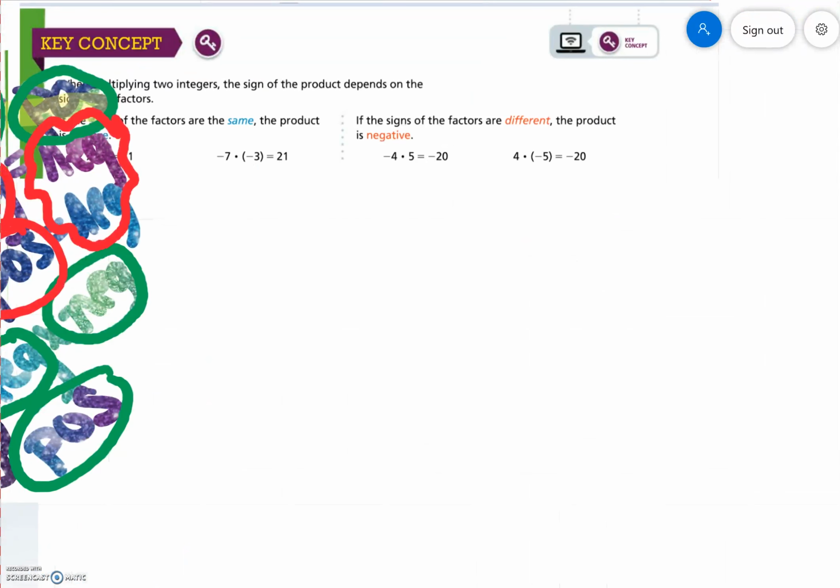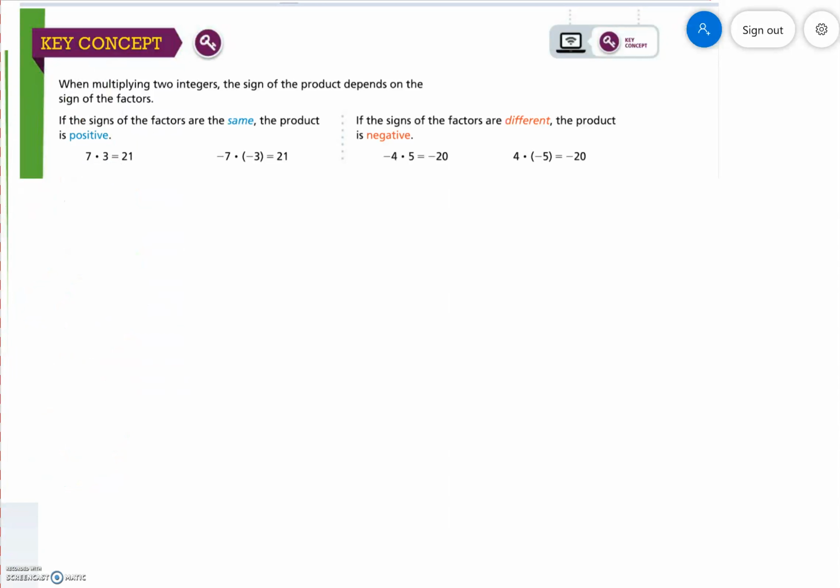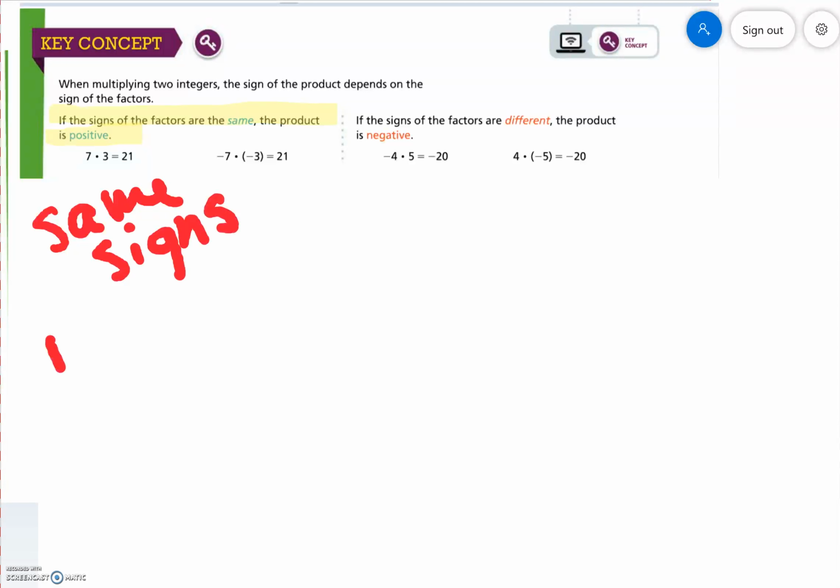The key concepts. I'm just going to go ahead and erase this. When multiplying two integers, the sign of the product depends on the sign of the factors. So here, if the signs of the factors are the same, the answer, the product, is positive. So, same signs, positive answer.